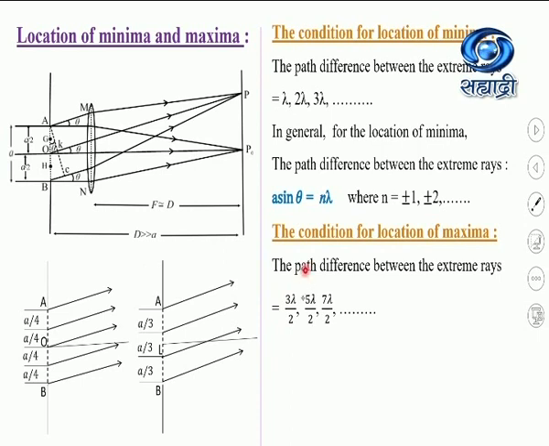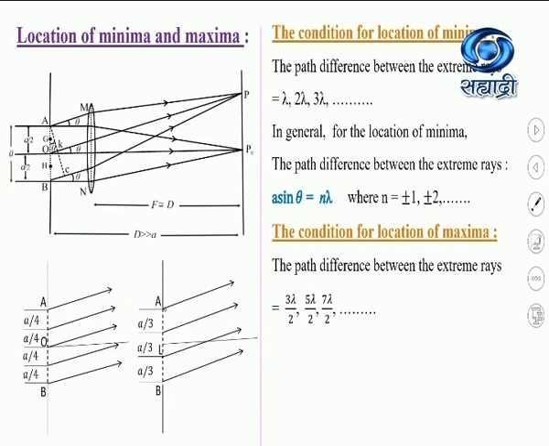When we consider the path difference between the extreme rays as 5 lambda by 2, then we imagine that the slit is divided into 5 equal parts, each of width a by 5.